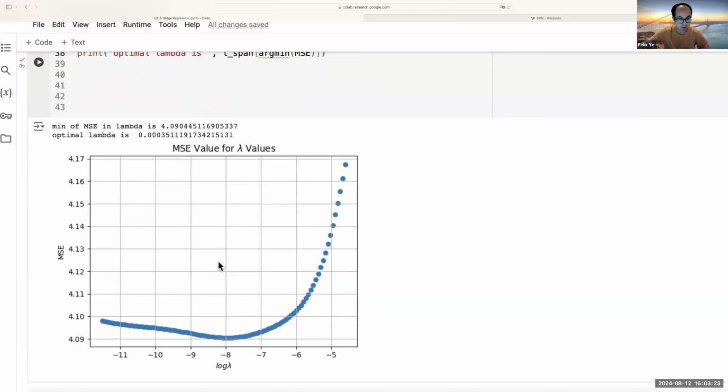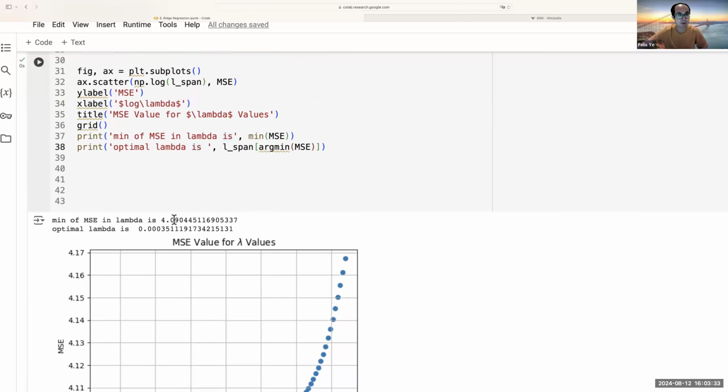So the logarithm here, you can see it starts moving down and then starts to increase here. The logarithm here actually tells you the minimum MSE in lambda.